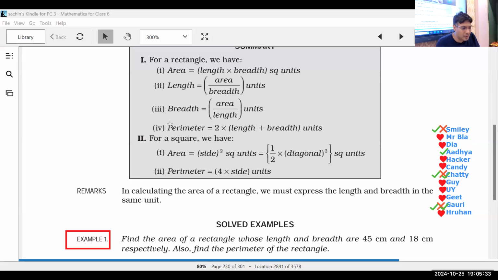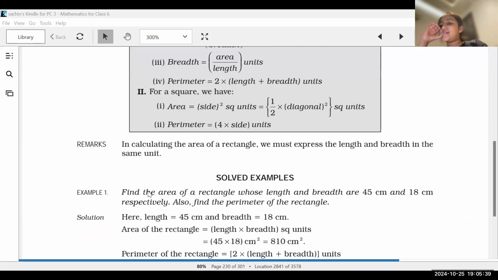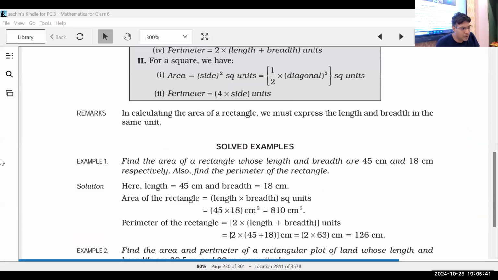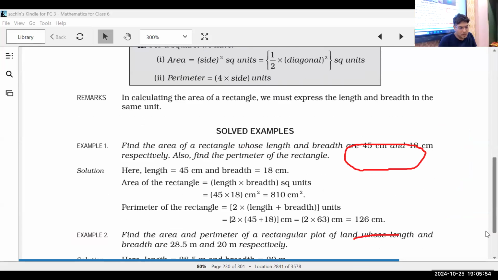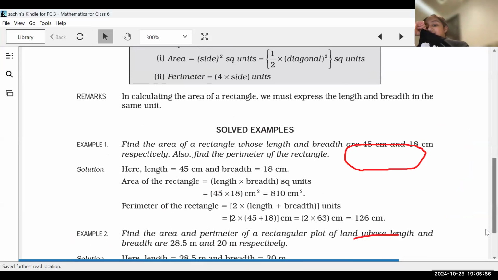Smiley, your perimeter is wrong. It will be 126, 2 times (L plus B), so this will be 63 multiplied by 2, 126. Sir, I did a multiplication error.